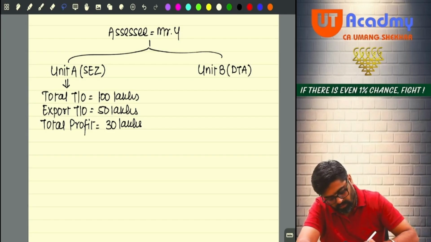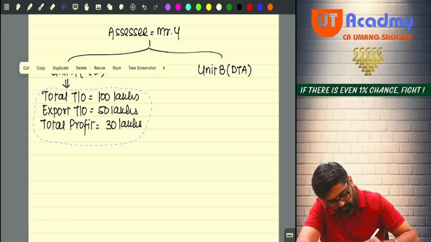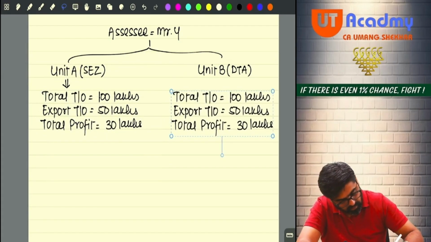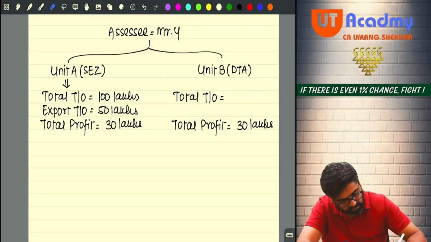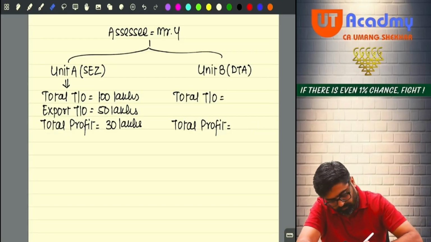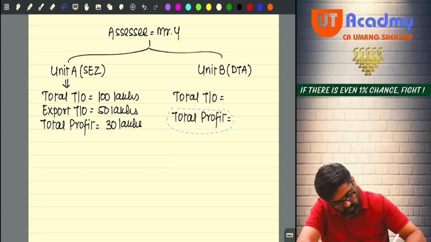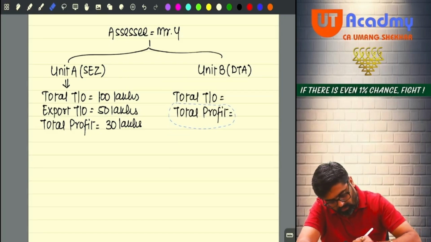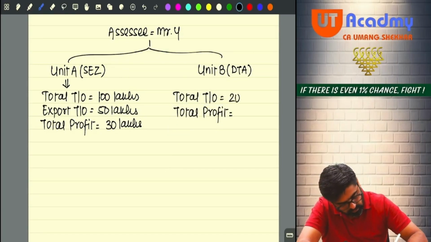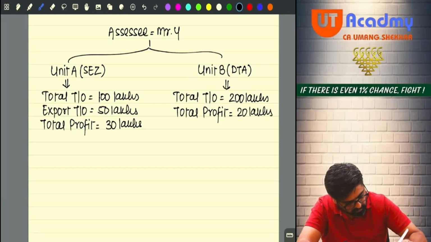Now for unit B, I'll write the same thing, but there will not be any export profits. Total turnover was 200 lakhs and total profits were 20 lakhs.